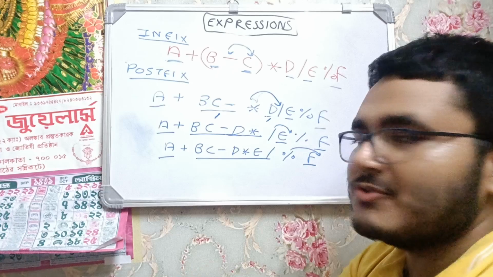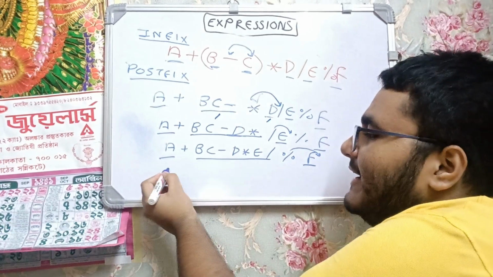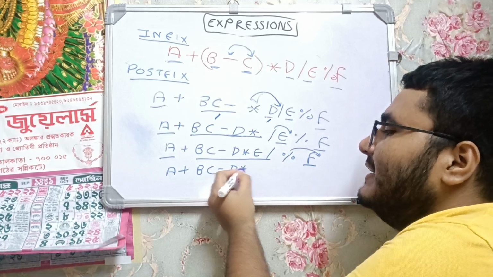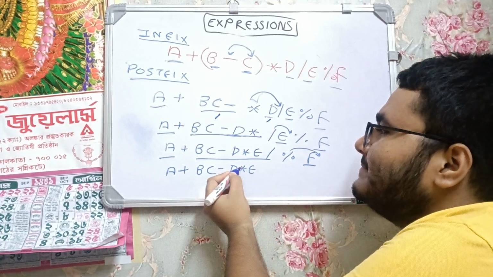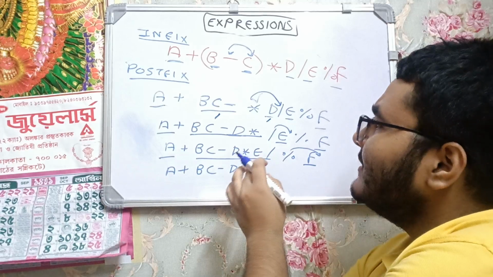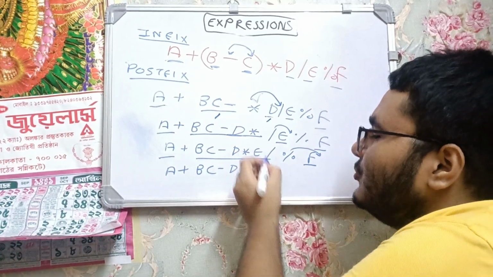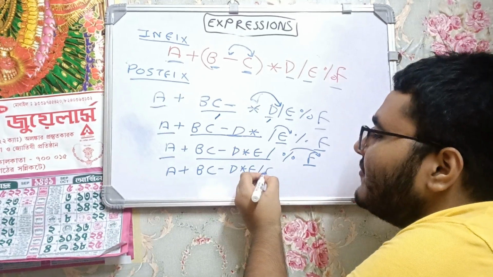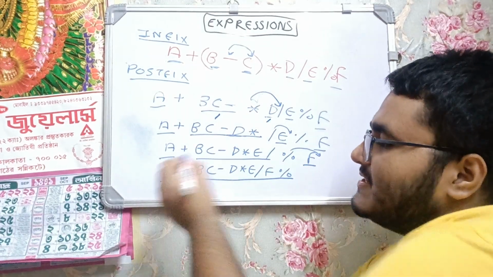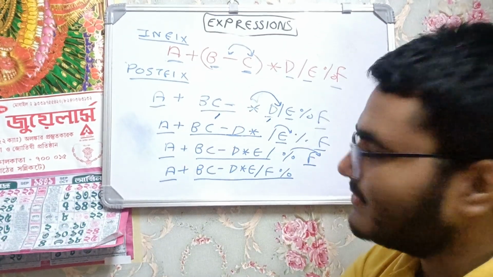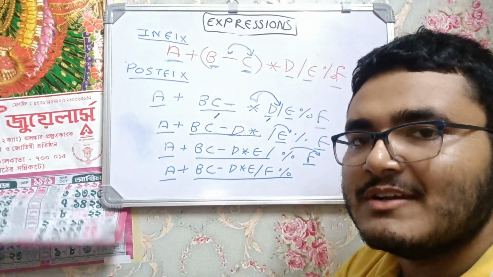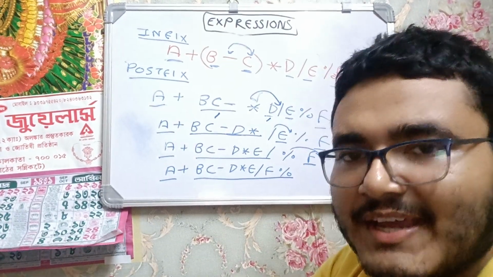Okay. So in the same way, A plus B C minus D into E by F modulo. Okay, this whole is an operand. And last is the plus. So plus should be sent to the next after the second operand.